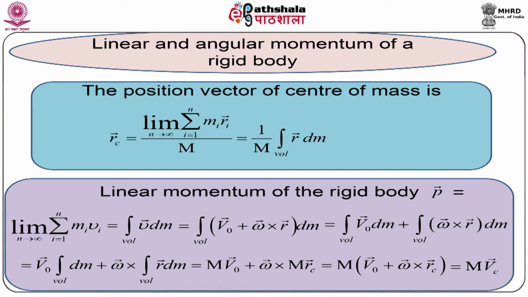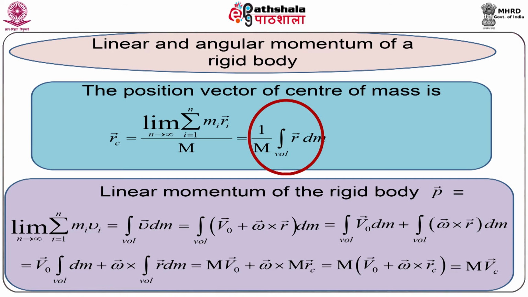If we assume that the rigid body consists of unique density, then we have to replace summation by integration. Then we get the result r_c vector is given by 1 divided by capital M into integration over volume r vector into dm.